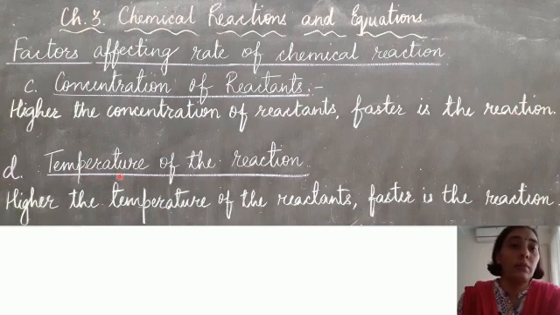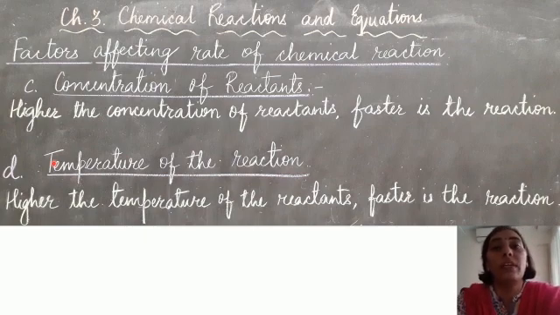Fourth factor, temperature of the reaction. Temperature is another important factor. We generally find that reactions take place faster if we heat the reactants. Heating reactants helps us to complete a given reaction in a lesser period of time. For example, calcium carbonate does not decompose on its own to give you calcium oxide and carbon dioxide. You need to heat it in order to get carbon dioxide and calcium oxide.